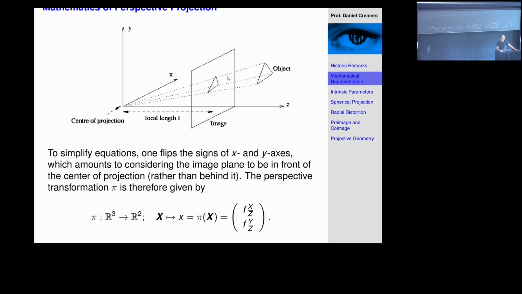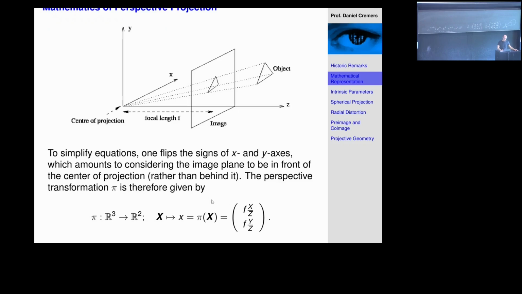The only difference really is that in reality you would have a minus sign, right? So if this was a certain y coordinate and it goes through the center, then you would have a minus here. So in the projection, you would not have f times x over z, but minus f times x over z and minus f times y over z.